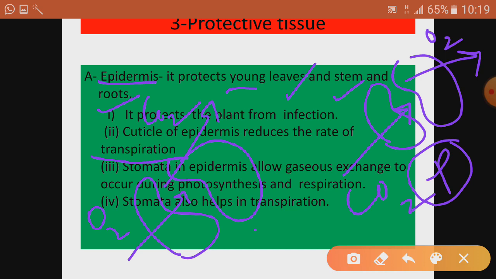So the main function of stomata is exchange of gases, and stomata also help in transpiration. What is transpiration? The loss of water in the form of water vapor. Water in its gaseous form is called water vapor. This also happens through stomata, which are present at places over the epidermis.